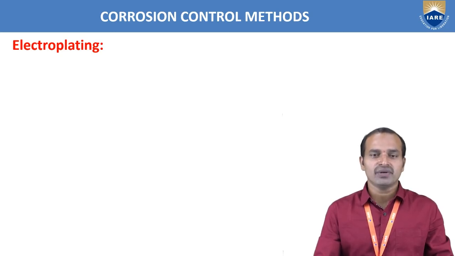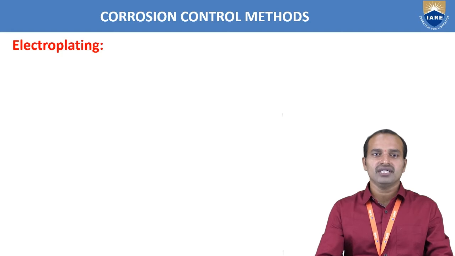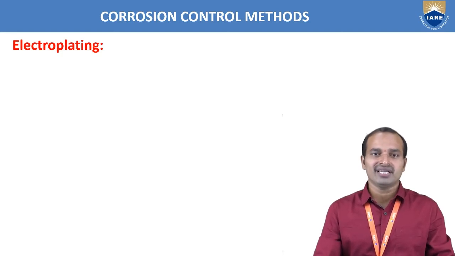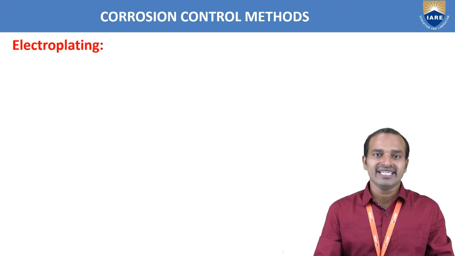In galvanizing, the base metal, iron, is immersed in the molten coat metal zinc. And tinning means the base metal iron is immersed in the molten coat metal tin.